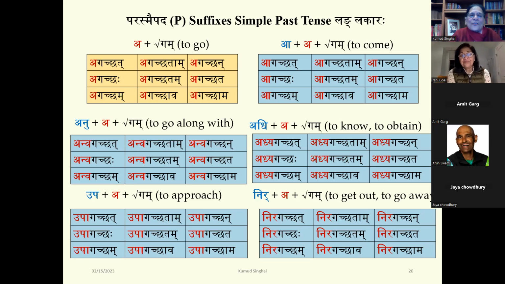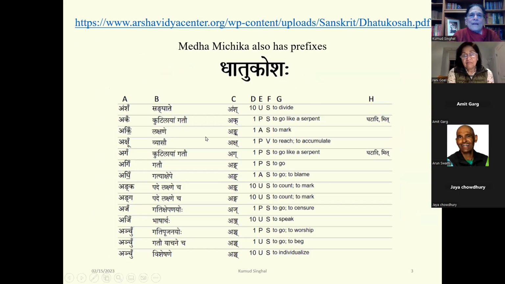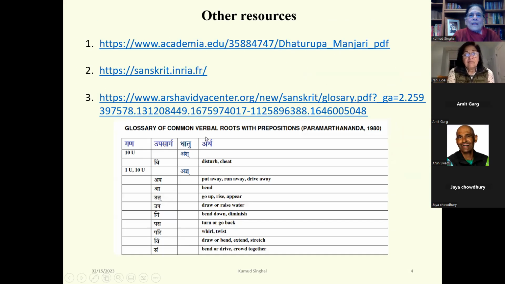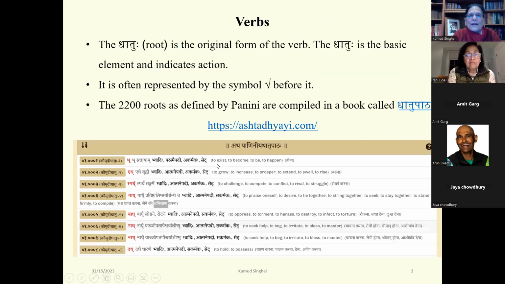For example, even here, if you look at the dhatu aid: to grow, to increase, to prosper, to extend, to swell, to rise. There are so many different meanings, right? For the dhatu aid, if you add an upasarga, the meaning would change.